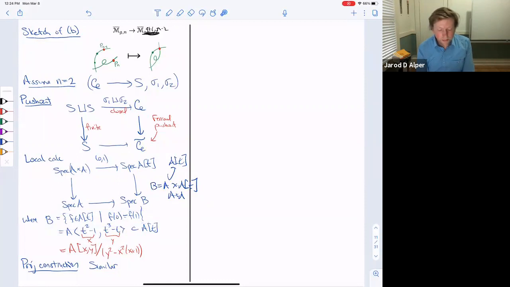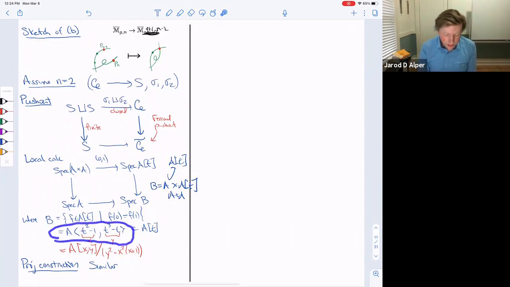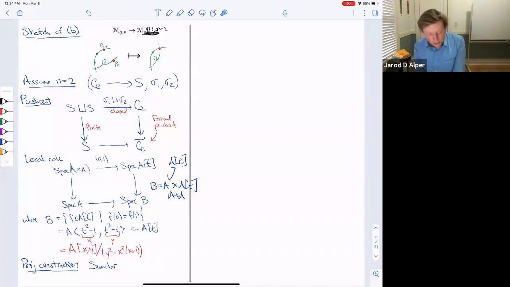Well, it's functions whose valuation at 0 is the valuation at 1, because I've glued in the two sections, constant sections 0 and 1. And then one just works out this computation, sort of inspired by the calculation of the normalization of the nodal cubic, and one can show that there are generators X and Y that satisfy this equation, and so you see that it's a nodal family. And the Proj construction is similar here.